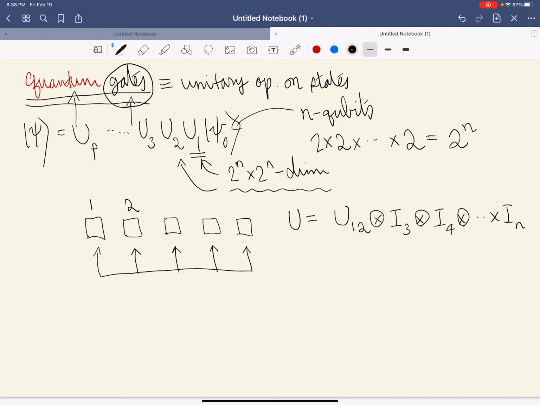So although this is formally a 2^n by 2^n dimensional unitary matrix, its actual content will only be 4 by 4 dimensional. And a 4 by 4 dimensional unitary matrix is something one can handle not only mathematically, but also physically.